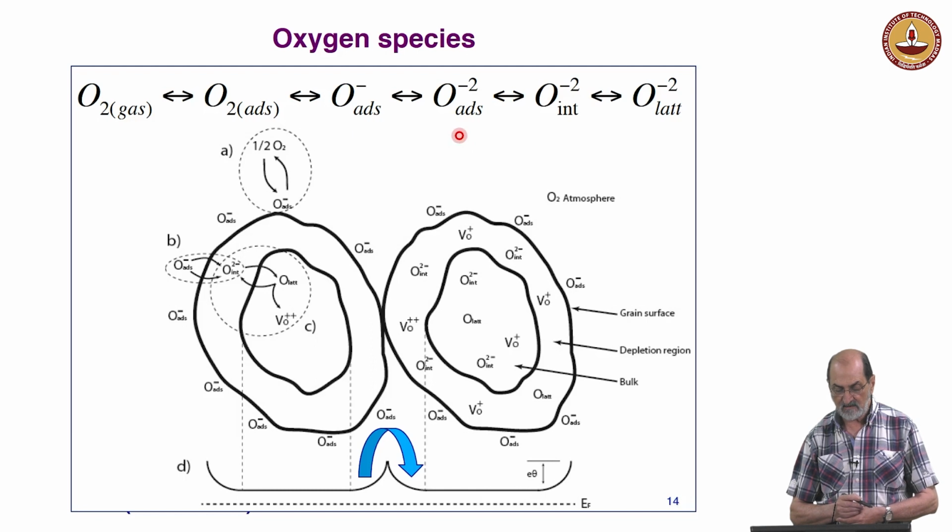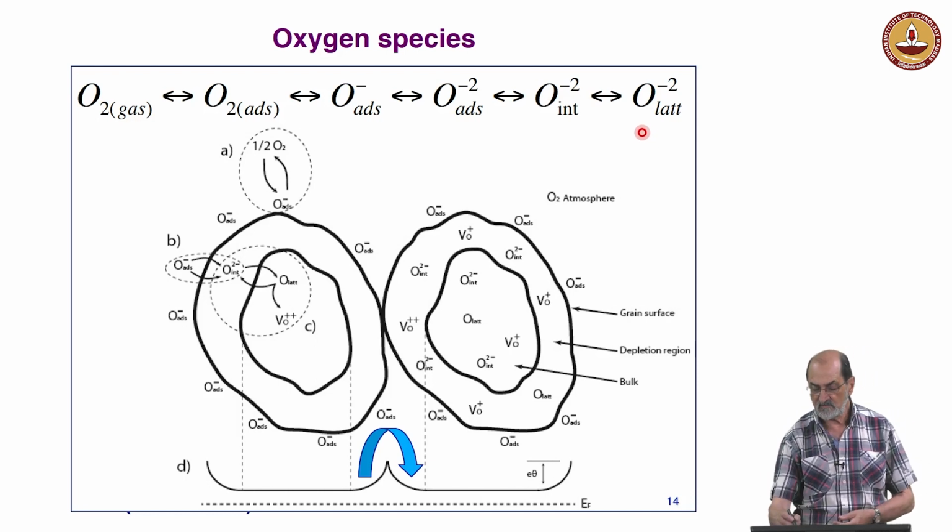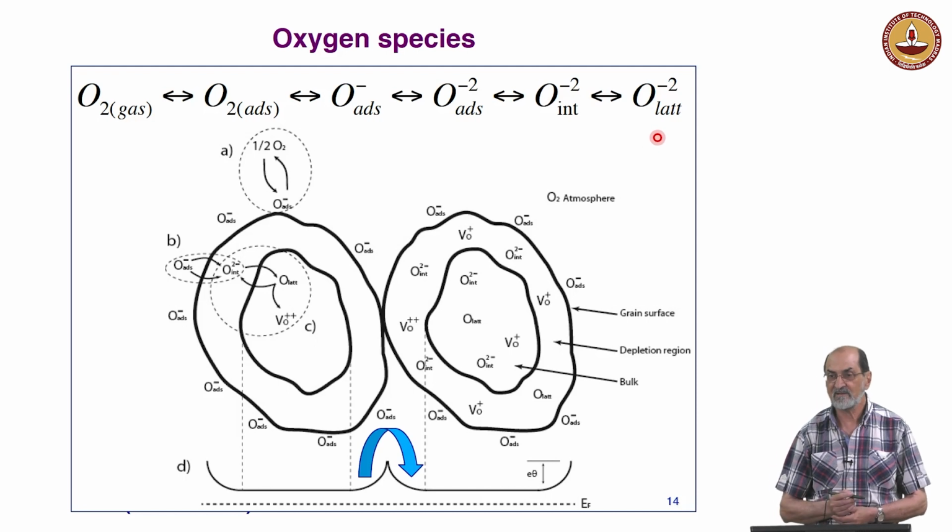But not only that, the oxygen on the surface can diffuse into the bulk, and maybe it can become part of the lattice. If this is happening, it goes to a vacancy.